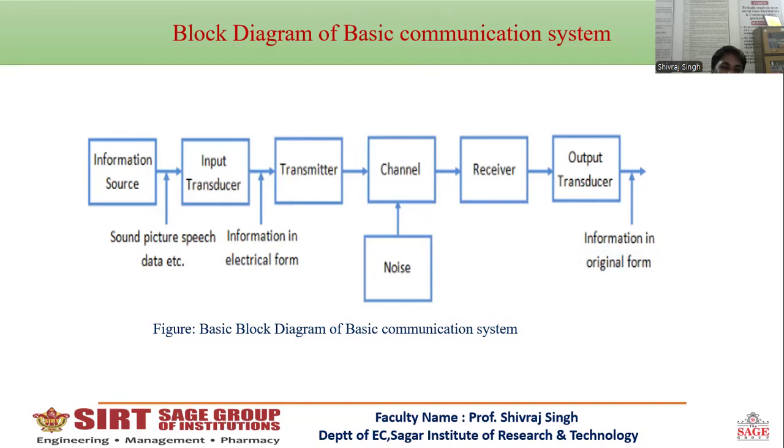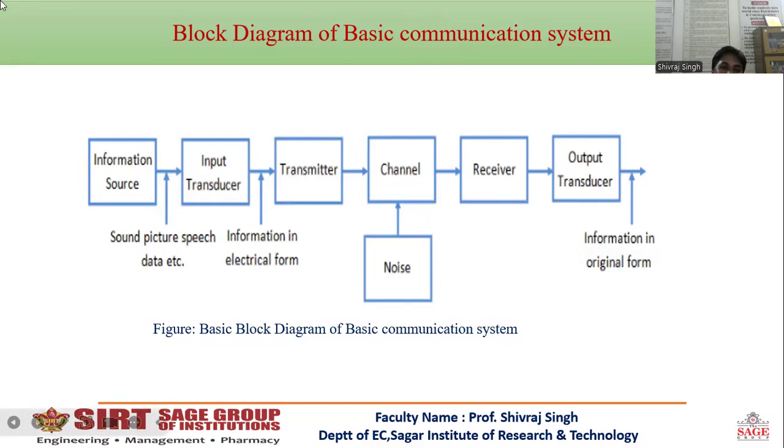In communication, the input transducer converts our physical signal into electrical form. There are two types of signal: analog signal or digital data. Digital data is basically discrete data in terms of binary data in the form of 0 and 1.